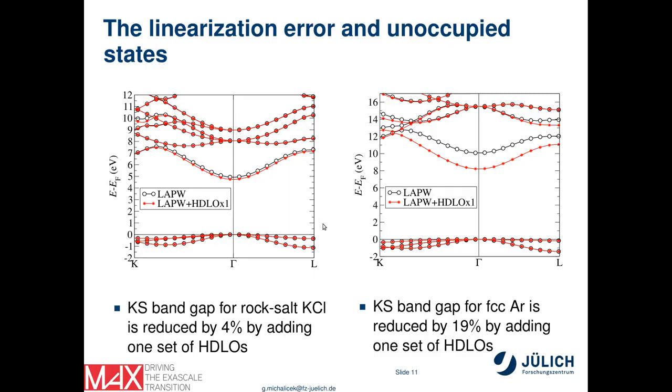Then these states should also be nicely represented, but our energy parameters are far away from these states. For example, in potassium chloride, the band gap can be reduced by 4% if we add these higher derivative local orbitals to the LAPW basis. We see an even larger effect in FCC argon, where the band gap can be reduced by 19% if we add local orbitals to our representation.